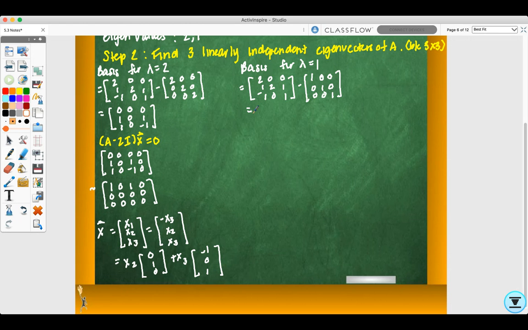And you end up getting, I believe, 1, 1, negative 1, 1, 0, 1, or excuse me, 0, 1, 0, and 0, 1, 0. So now we need to solve for A minus I times x equals 0. So I have my augmented matrix.